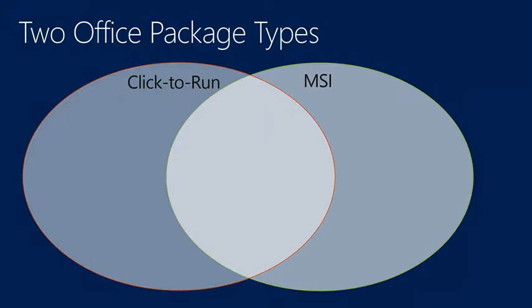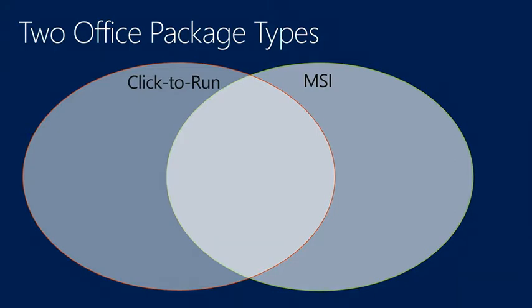If you're familiar with App-V, it's a customized version of App-V built into the Office package itself. It doesn't require you to have an App-V server or any of the virtualization infrastructure. It just requires you to be able to install this installer, and we've got a self-contained App-V virtualization engine inside the Office installer now.